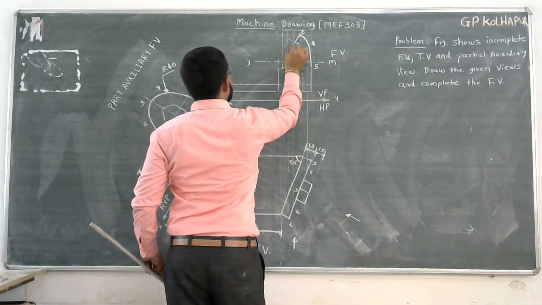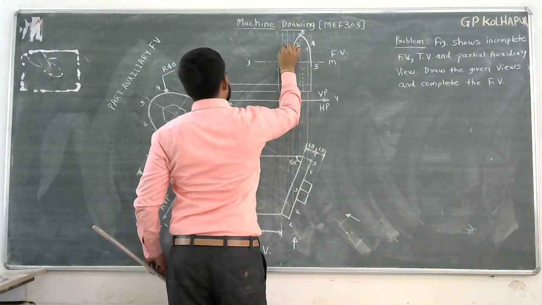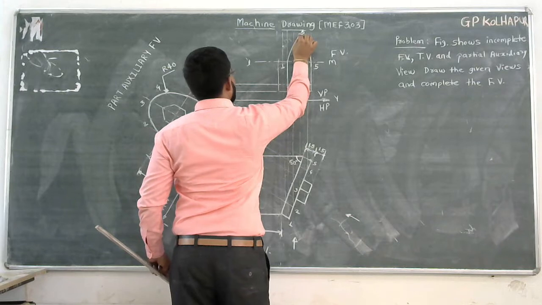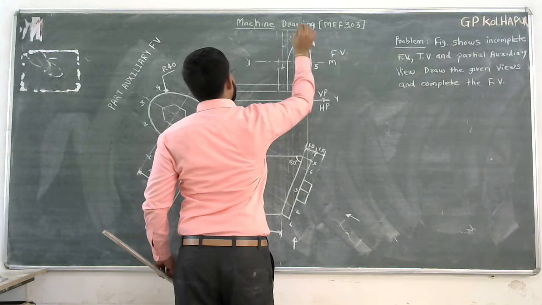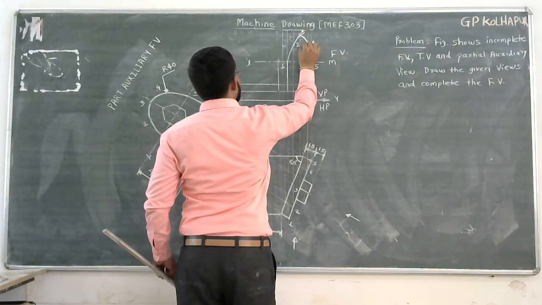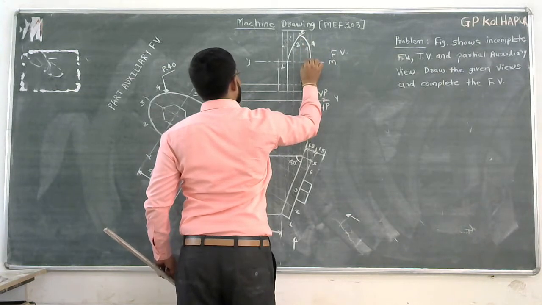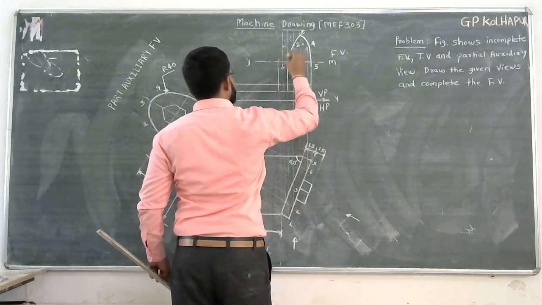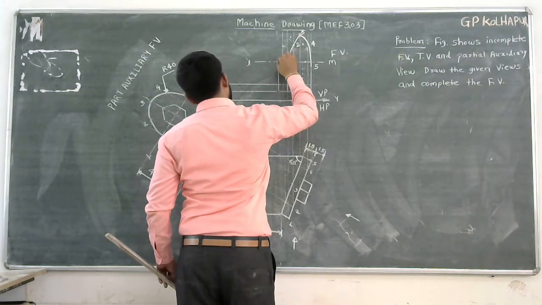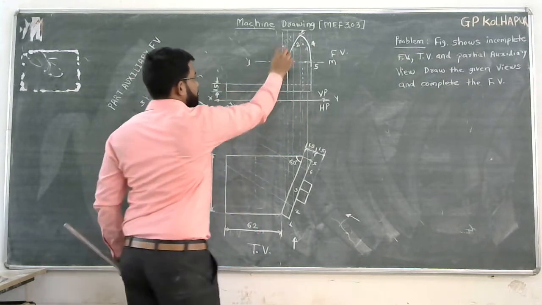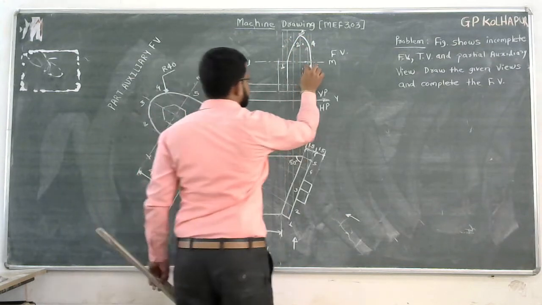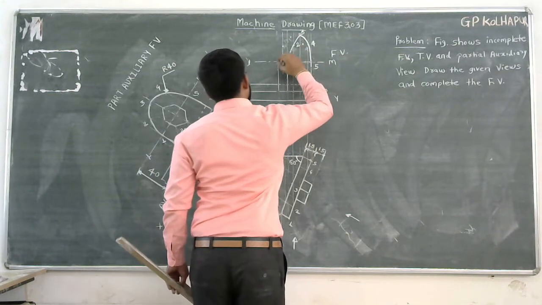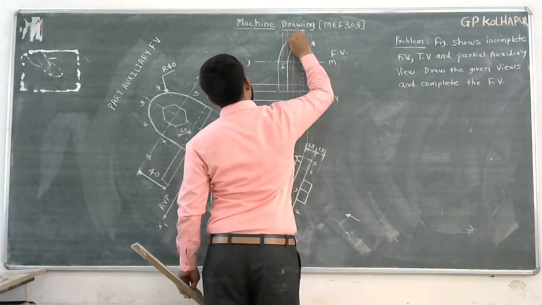So on this projector, this is point 2. Same, projector of 3, and this point 3 will lie. Similarly, here 4 and 5. So join this. If you join, then up to this, the curve will be visible, and inside curve is invisible. So you have to join the curve.